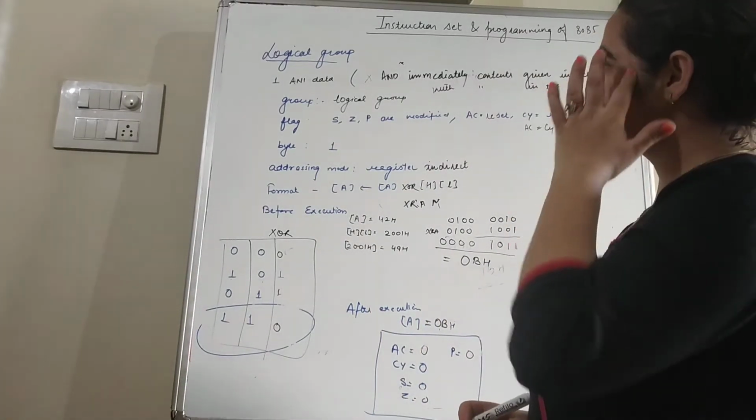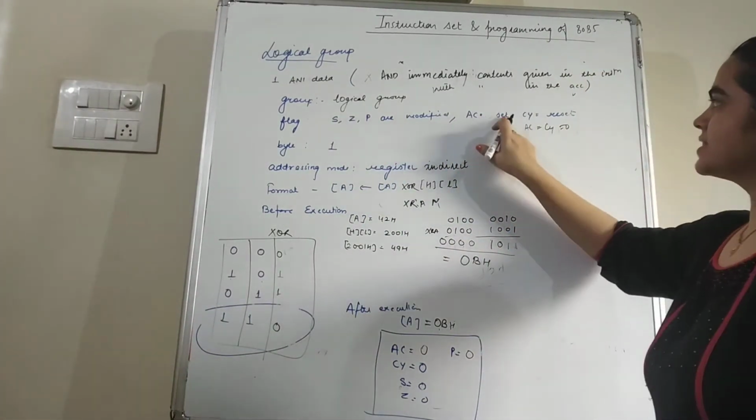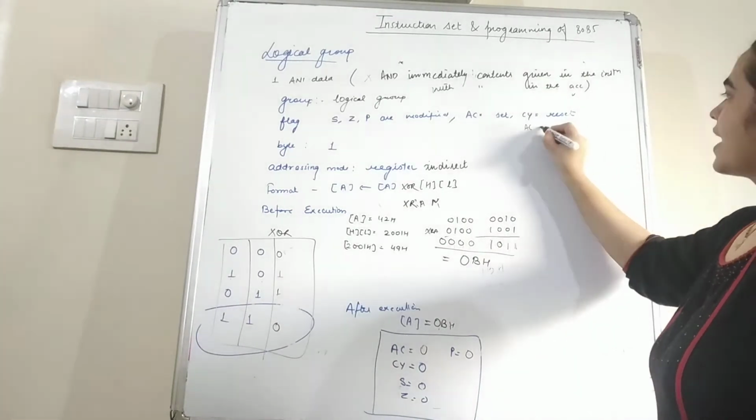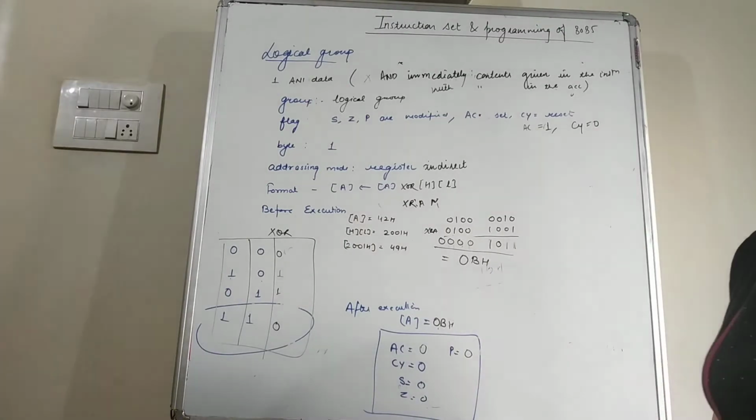This group is the logical group. Sign, zero and parity flags are modified while AC is set and carry flag is reset. So AC is equal to 1 always and carry flag is equal to 0 always.